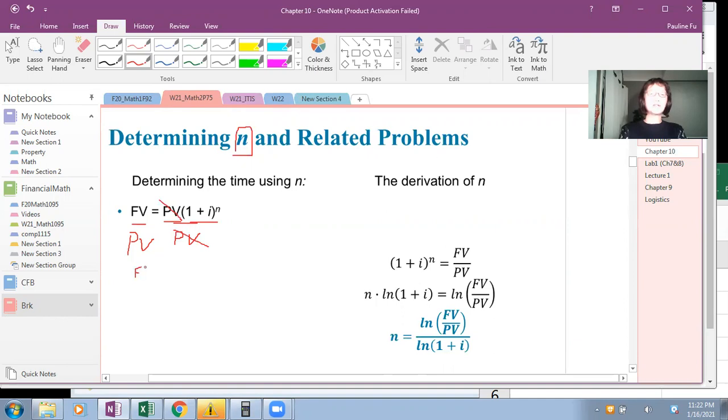Left-hand side, you have FV over PV. Right-hand side, you have 1 plus I raised to power N.